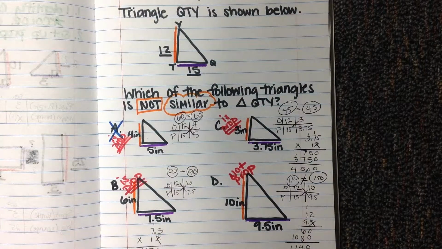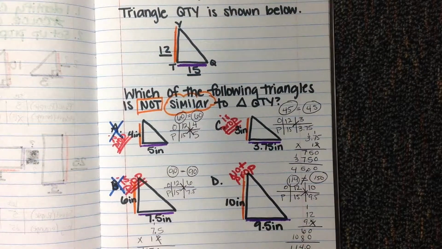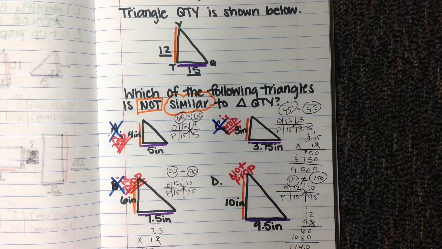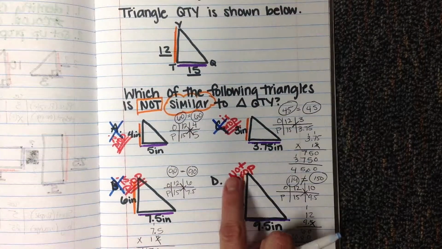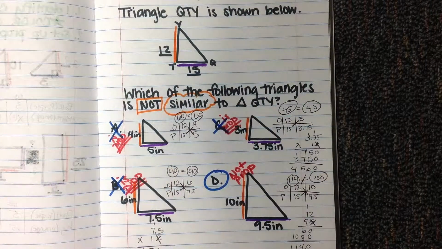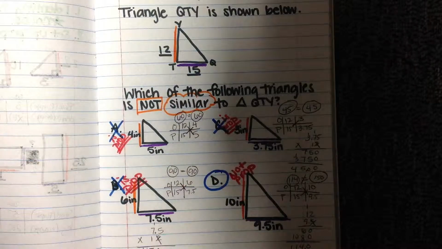Because B is proportional, that cannot be my answer. Because C is proportional, that cannot be my answer. And because D is not proportional, that is my answer. If they're not proportional, then they are not similar. Therefore, triangle D is not going to be similar to triangle QTY.